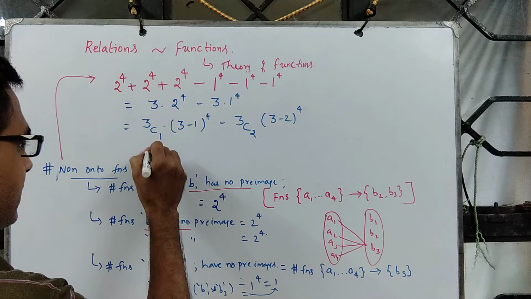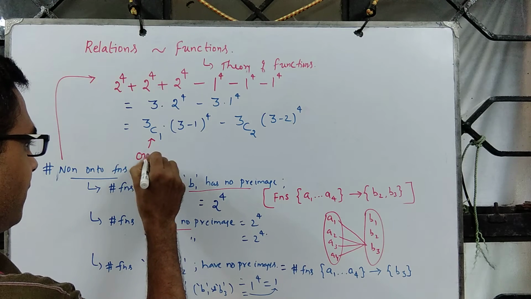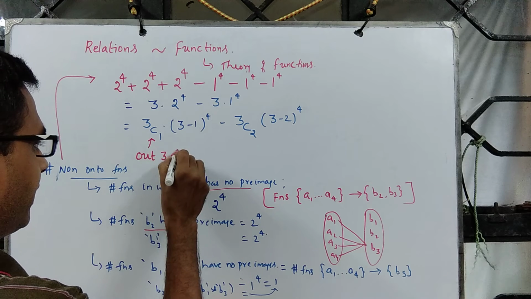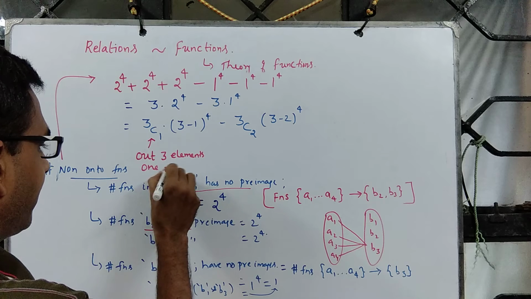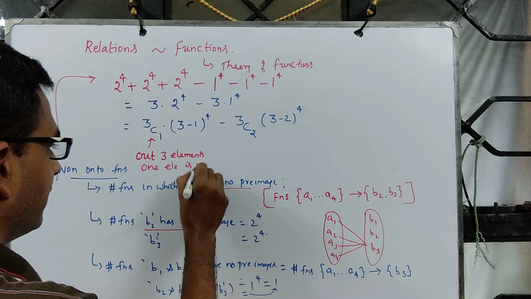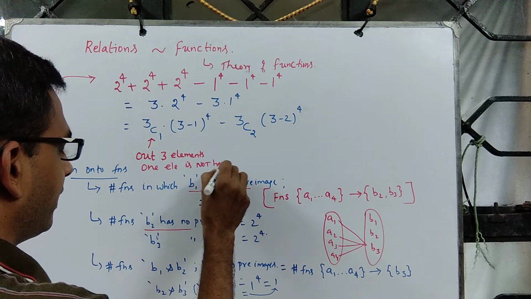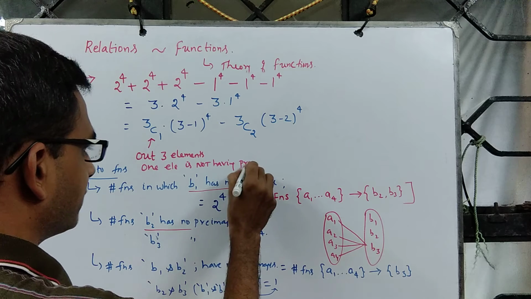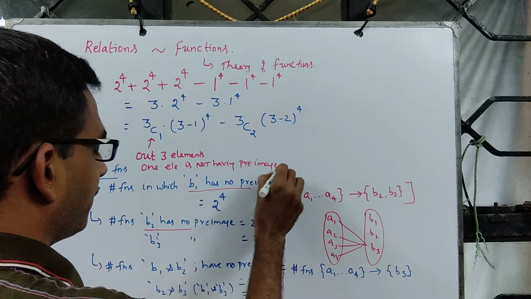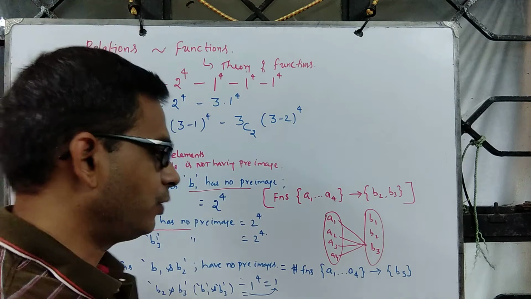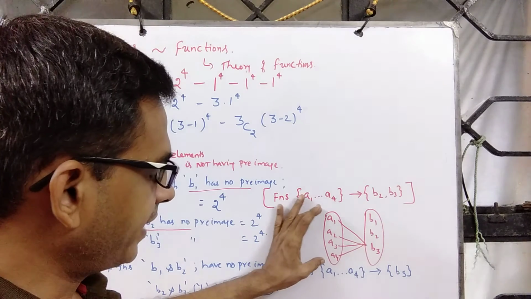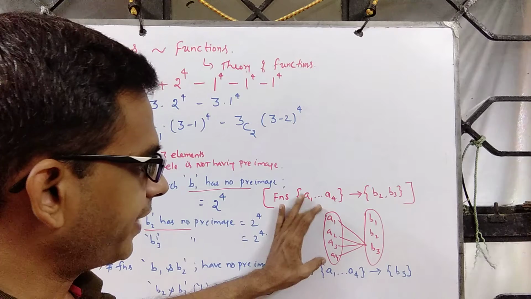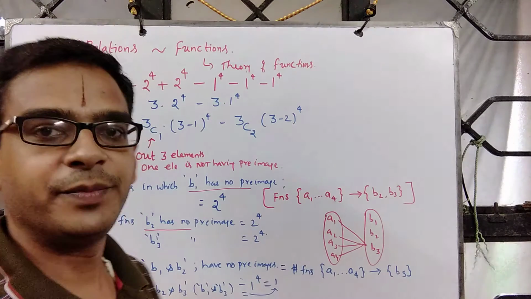What is this? This is telling us out of 3 elements, 1 element is not having a pre-image, which means the other 2 elements are having pre-images. We are only counting the number of functions from a 4 element set to a 2 element set.